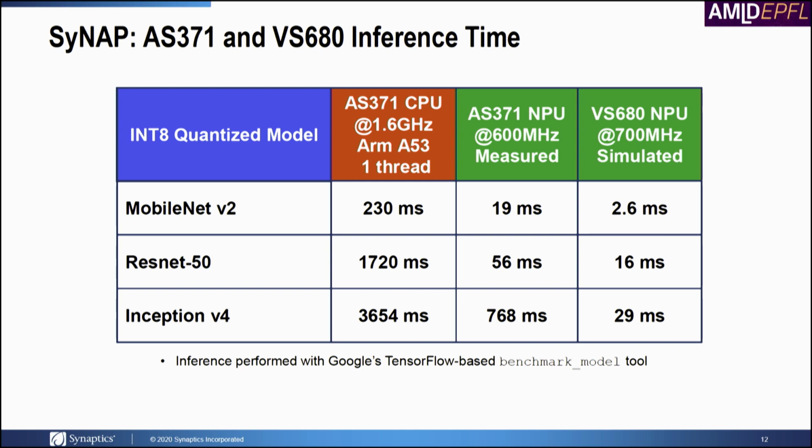If you compare the same model running on a CPU core running at 1.6 gigahertz to what we have on the AS371, the audio chip, we are already 10 times faster. So we can execute MobileNet v2 10 times faster than on the CPU. With the VS680, the new chip, we will be 100 times faster.